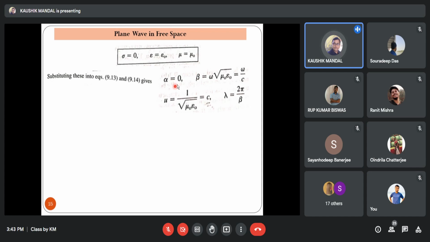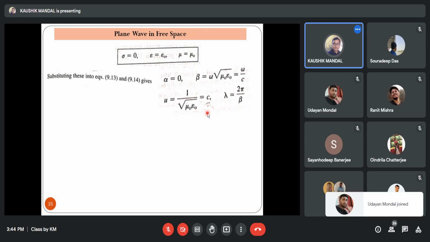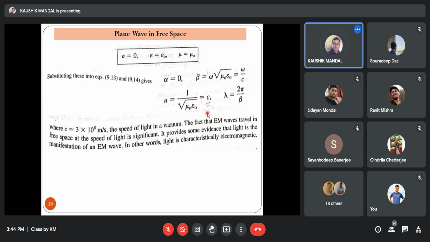You find the values of alpha and beta, and you find the velocity of the corresponding wave. You will find that the velocity will be equal to 1 by root of mu naught into epsilon naught. Once you find this equation, then you can say that the wave in free space will move with the velocity of light. Okay. That is mentioned in this particular paragraph basically.